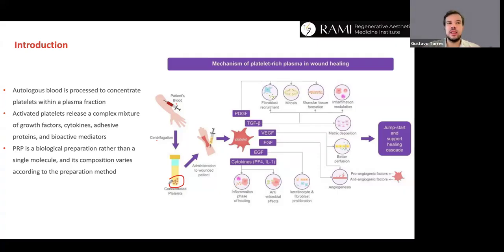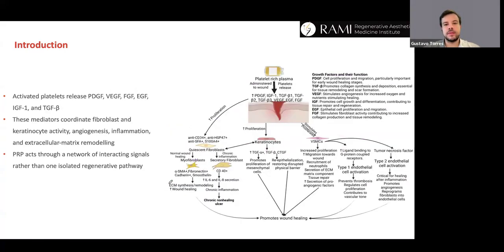But obviously, in the very aim of preparations inside regenerative medicine, we're not only looking at wound healing. Obviously, we're doing a scarring, some degree of injury to very specific places, but we're looking at the regeneration per se by using this complex mixture of molecules released by the platelets.